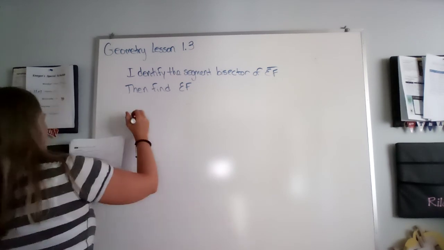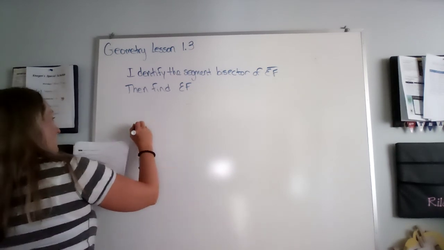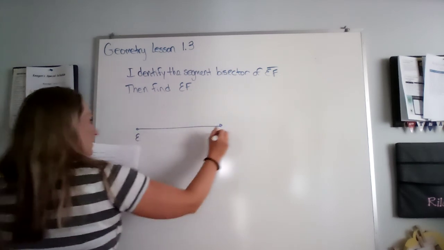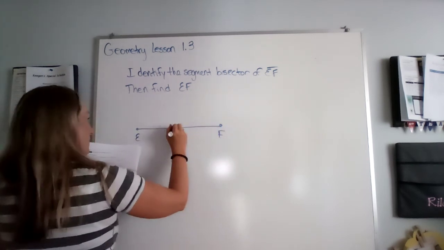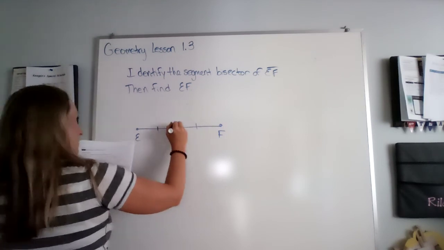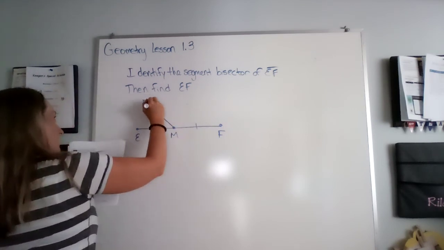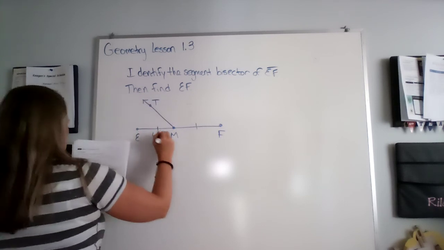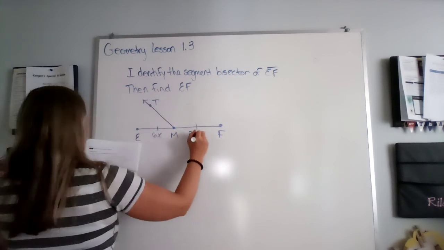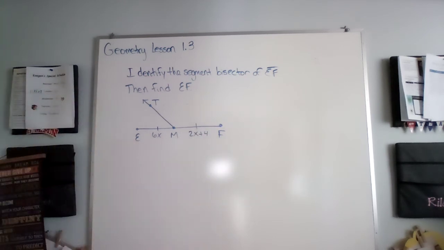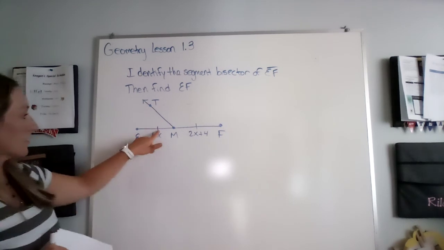All right, so let me draw a diagram. There's E, F, T, 2x plus 4. All right, so there's a lot going on in the diagram. Let's talk about it for a second. What do the tick marks tell you?